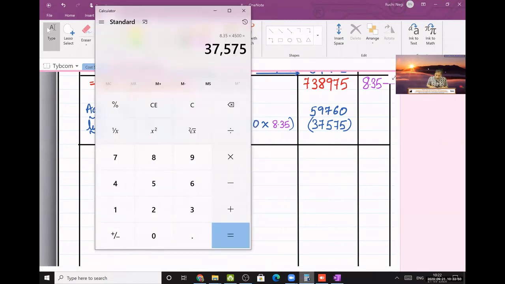Solve it. 7,38,975 plus 59,760 minus 37,575.